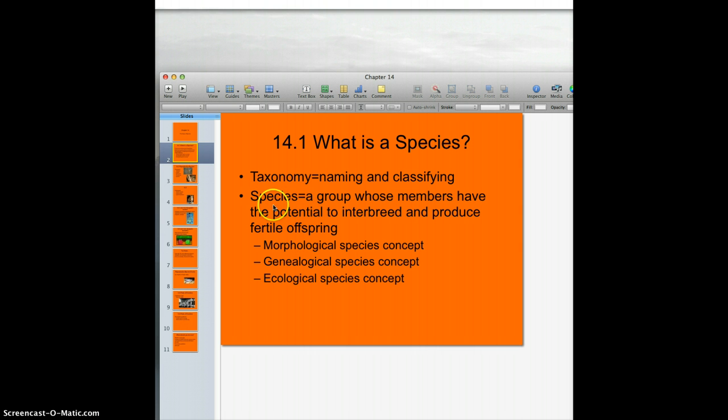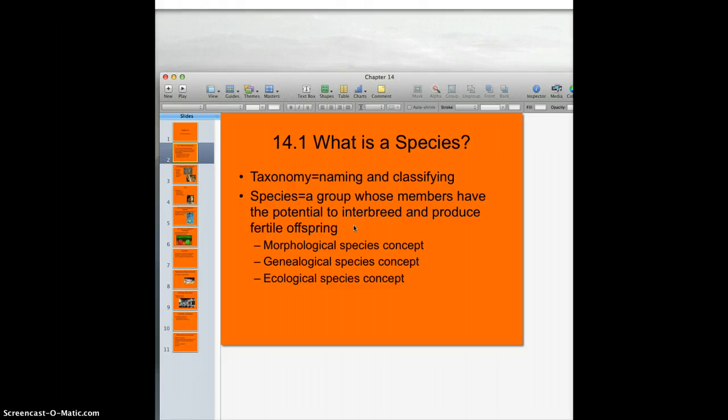Most of the time, biology defines a species as a group whose members have the potential to interbreed and produce fertile offspring. So, in other words, if you have one member of the group that cannot produce fertile offspring, like a human, let's say, that can't have children, it does not mean they are not a part of the species.